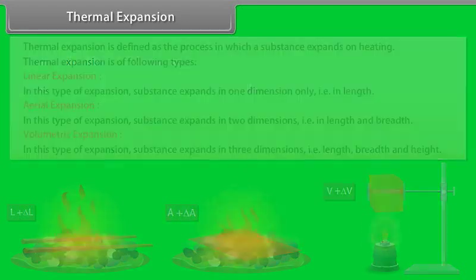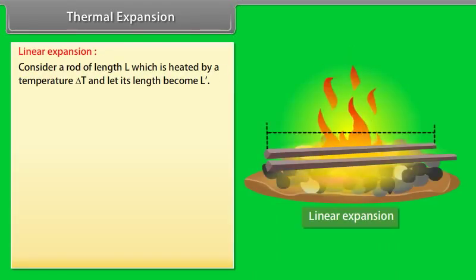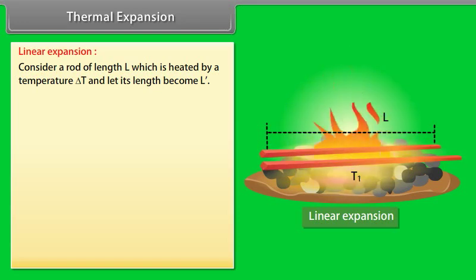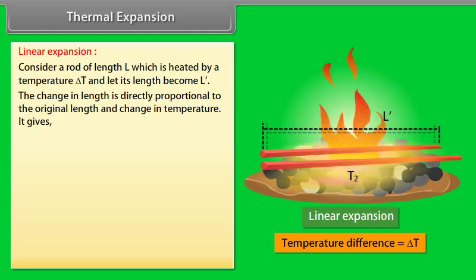Linear expansion. Consider a rod of length L, which is heated by a temperature delta T, and let its length become L dash. The change in length is directly proportional to the original length and the change in temperature.